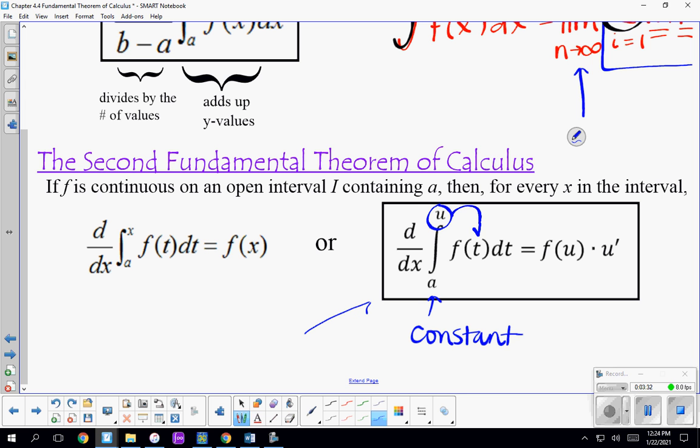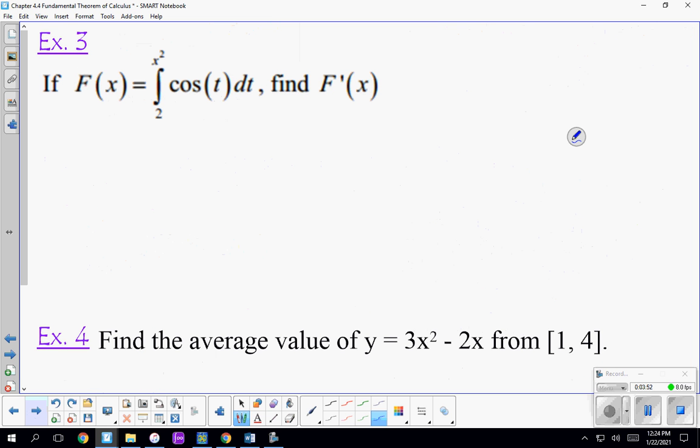We're going to plug it in, so this becomes f of u, and then whatever we plugged in, we need to take its derivative as we do in the chain rule. That's the second fundamental theorem of calculus. Again, we can talk later about why we do what we do in that theorem. For now, we're just going to practice applying it.